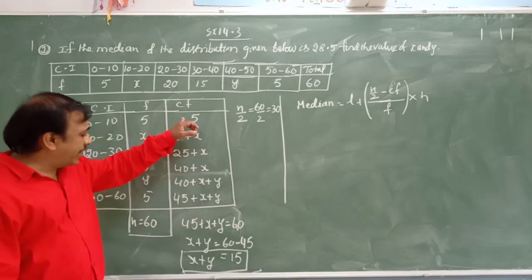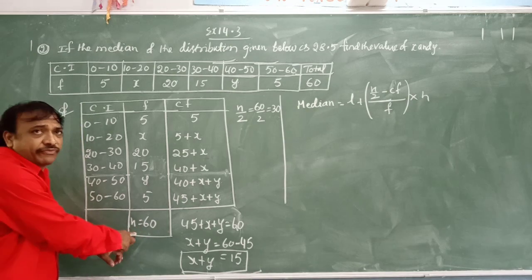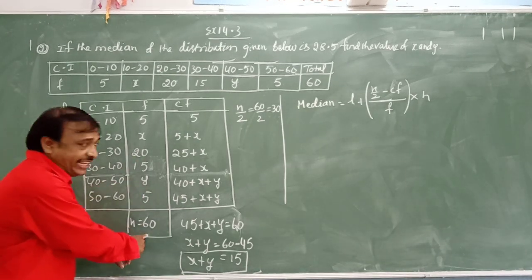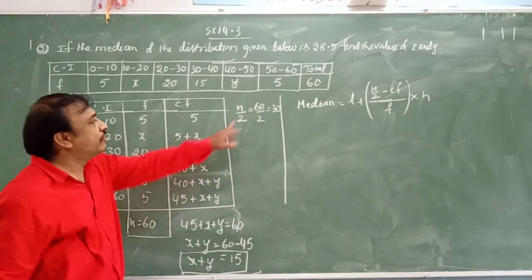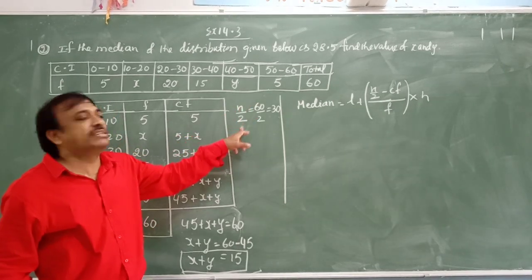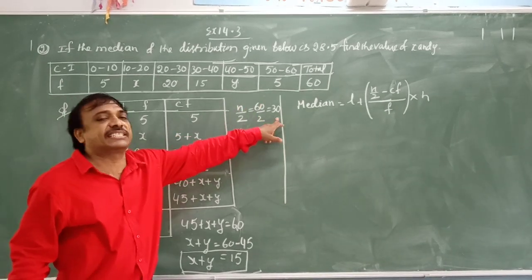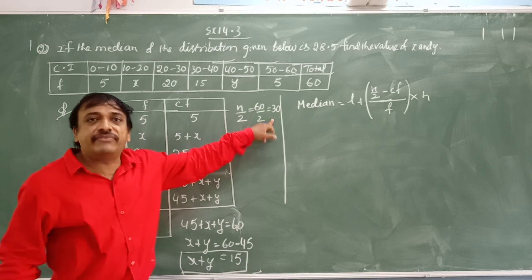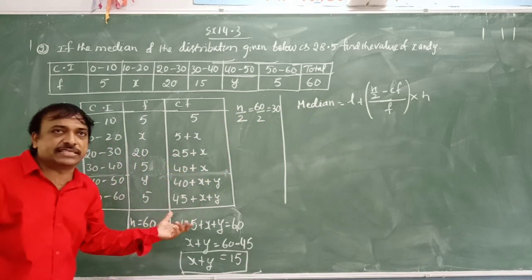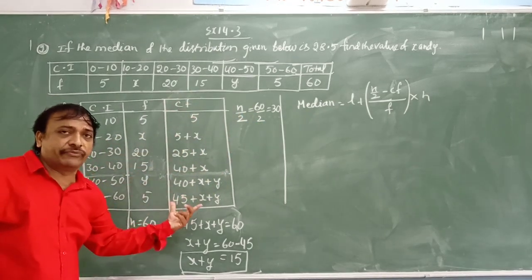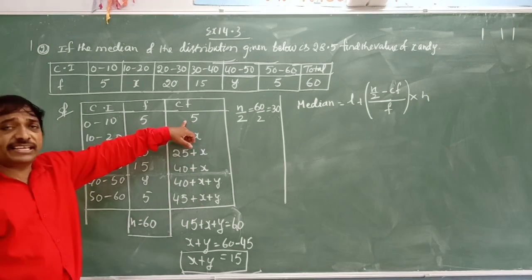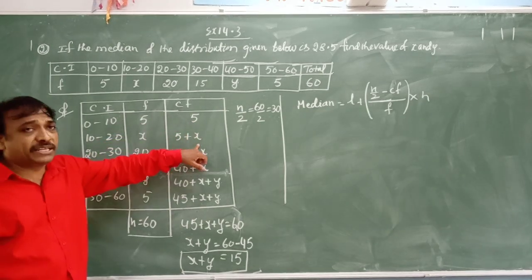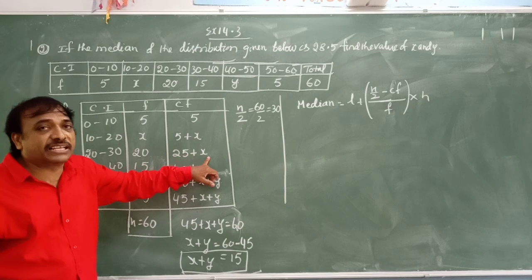So n, the total value of the frequencies, is 60. We calculate n by 2, which is 60 by 2, that is 30. Now where does this 30 lie in the cumulative frequencies? You have to check the cumulative frequencies. Will it lie here? No, 5. Is it 5 plus x? No. 25 plus x?